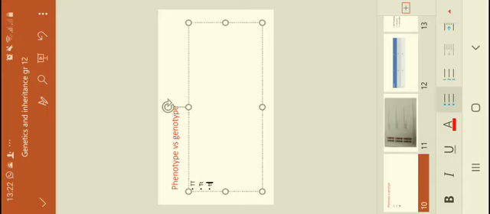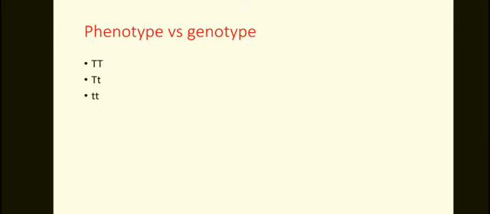Then tt, these are genotypes, but there are different T's. The first one, both of them are capital letters, which means that that individual is homozygous dominant. That's a genotype.